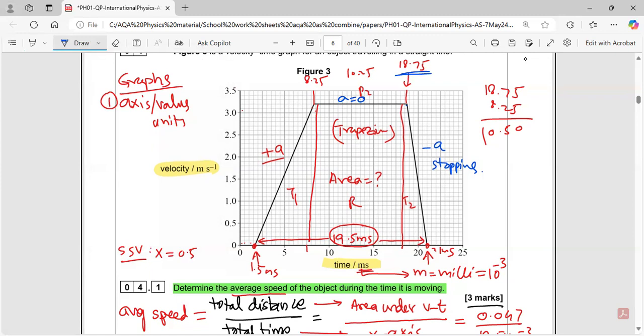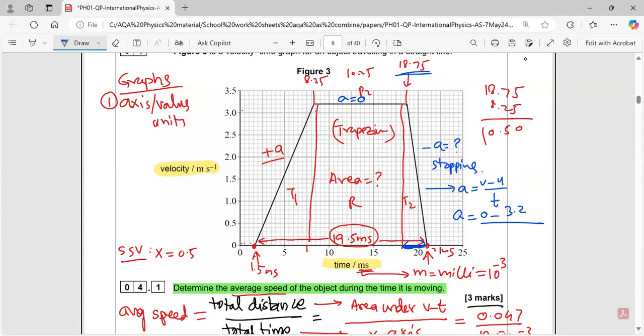So all you need to do is to find this deceleration, and you can find it from the gradient. So we can say a is v minus u by t. v is 0, and u is 3.2, and time is 21 minus, like you are looking about this time, how much is this time?